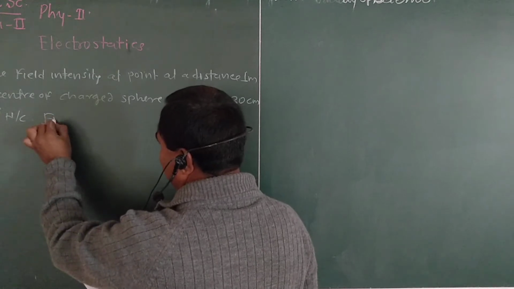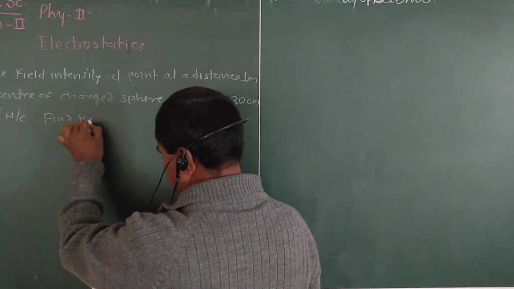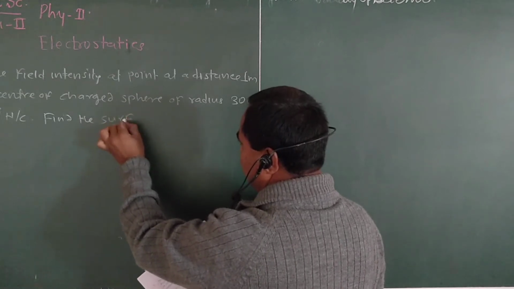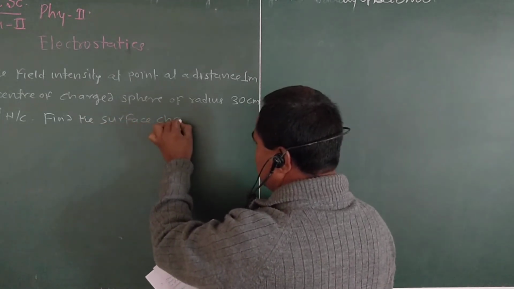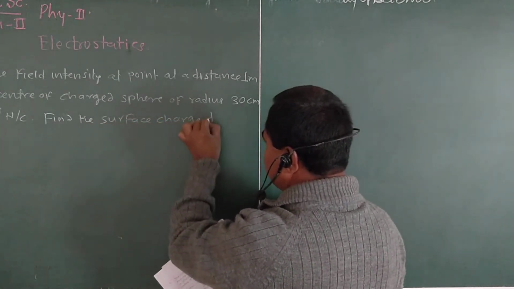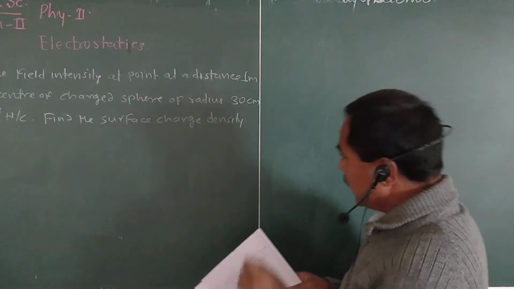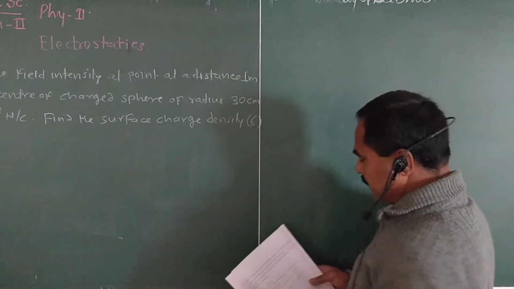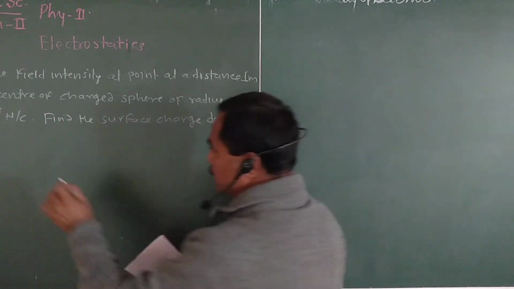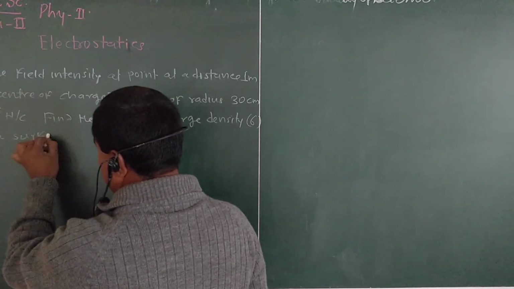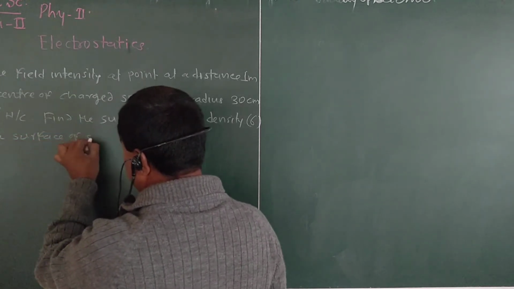Then find the surface charge density, that is sigma, on the surface of the sphere.